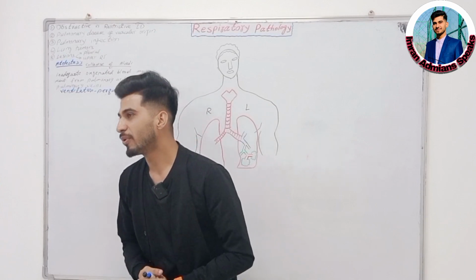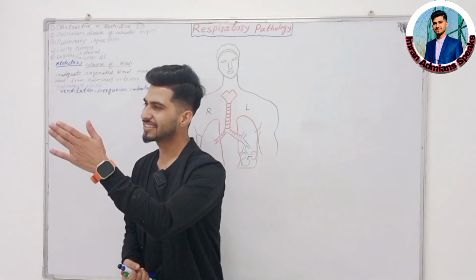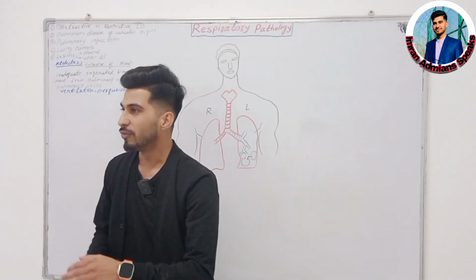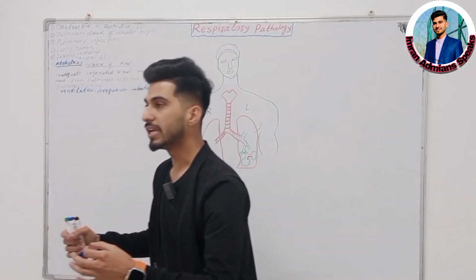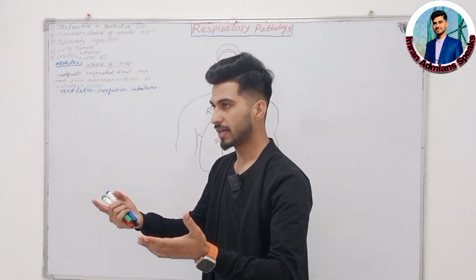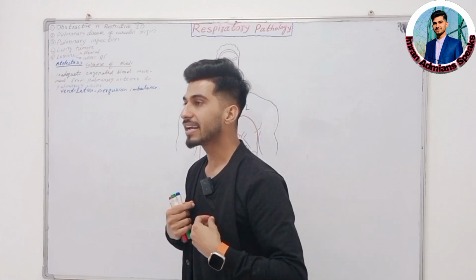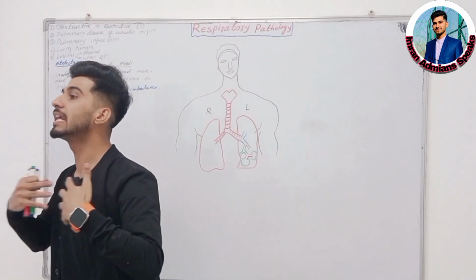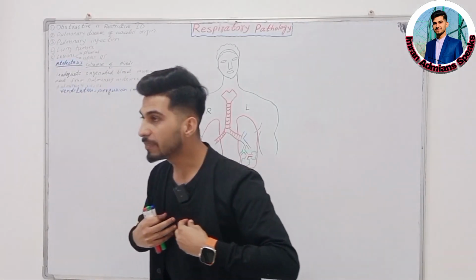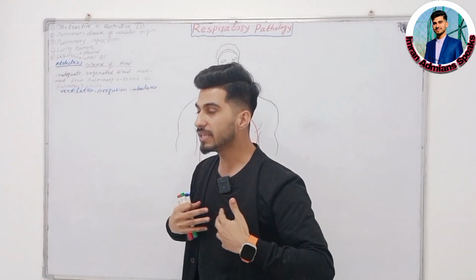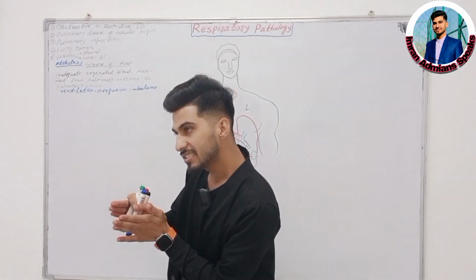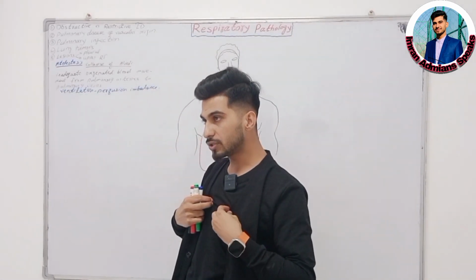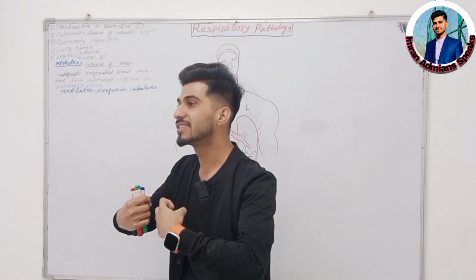This is not the main point, Dr. Usman. Yeah. When we inspire, our inspiratory muscles help to bulge out my ribs. Then when my ribs bulge out, the lungs automatically inflate. They also pull the lungs with themselves.